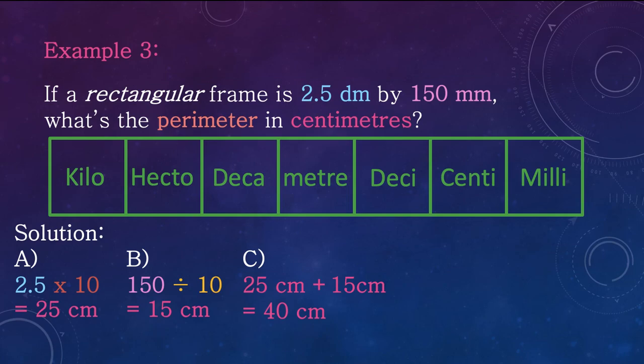So once you get this answer, remember you only have two sides, you would just have to multiply by 2. And you would get your final answer when you go through that multiplication, you would get a perimeter of 80 centimeters. So that's it for today.